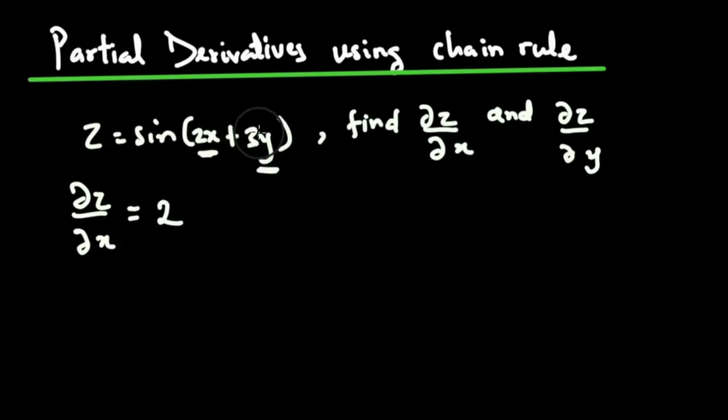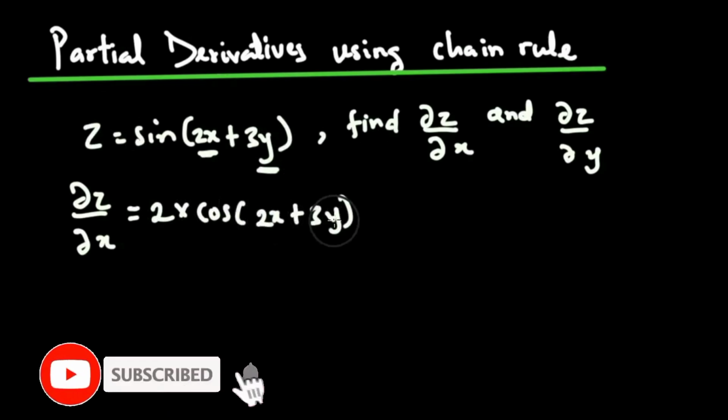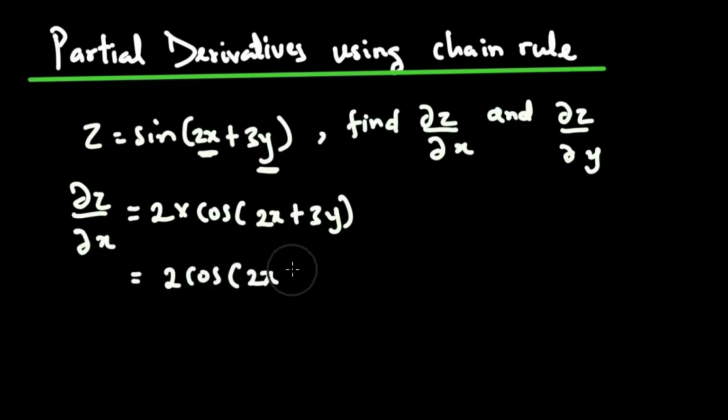Whenever you differentiate a constant, you have 0. So I'm left with 2. And then I differentiate the entire function as a single function, and that will be 2 multiplied by cos(2x plus 3y). Very simple. So my partial derivative with respect to x becomes 2 cos(2x plus 3y).